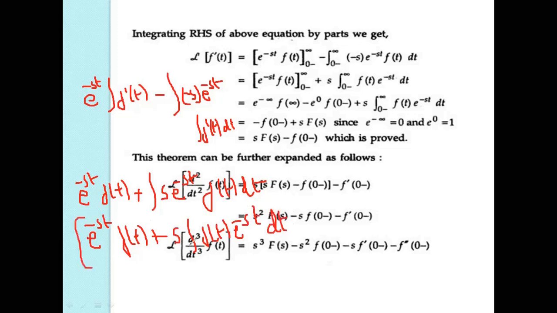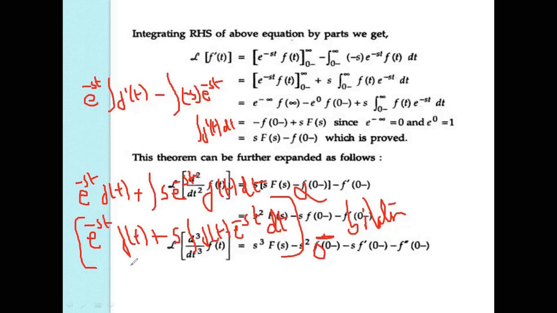So what are the limits now here? I am taking 0 minus to infinity. Why is it 0 minus? 0 minus is for the unilateral function. So now I am applying the infinite limit here. E power minus infinity is 0, and here also e power minus infinity is 0 for the second function.